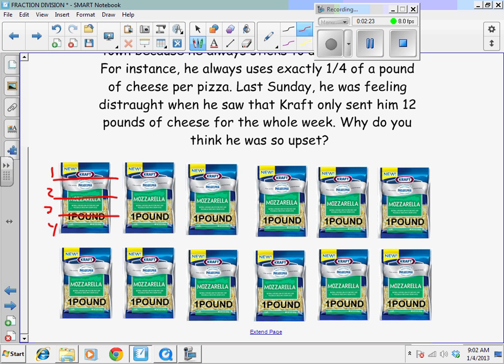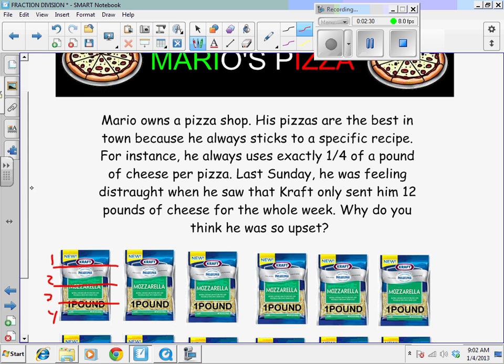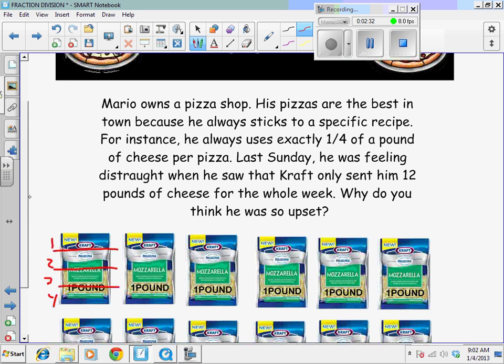All right. So how would we look at this as a division equation? What would be the division problem we would have to solve to find out exactly how many pizzas Mario could make with that 12 pounds of cheese? Shay? 12 divided by 1/4.